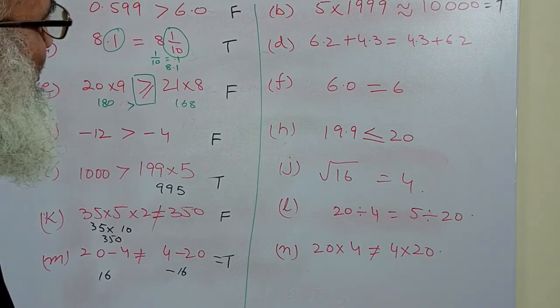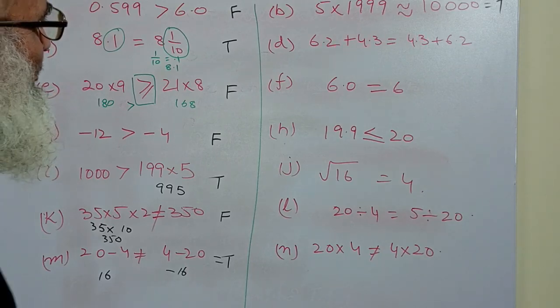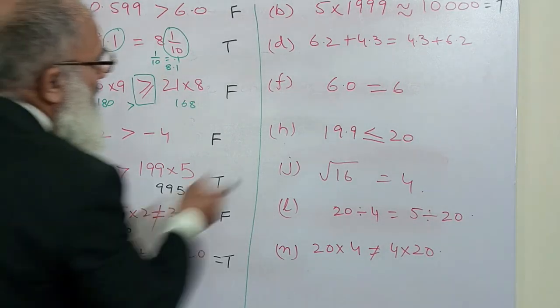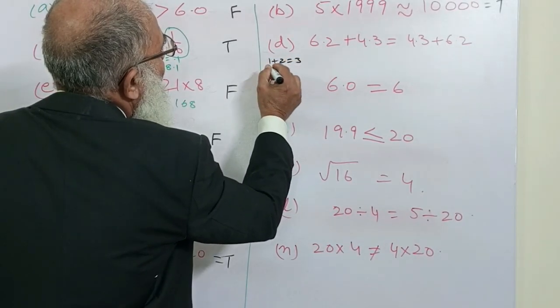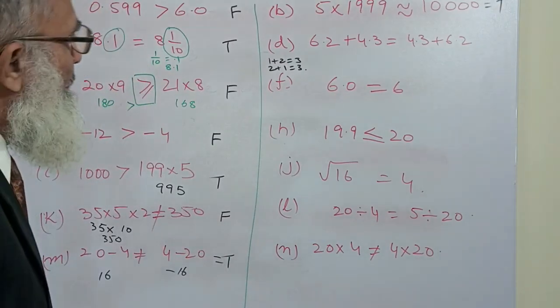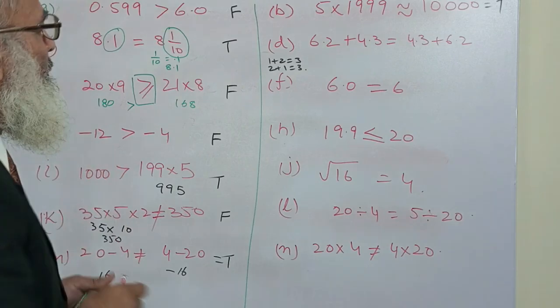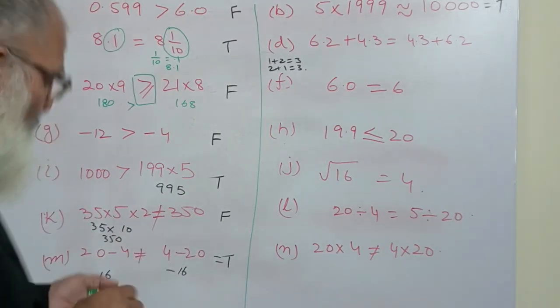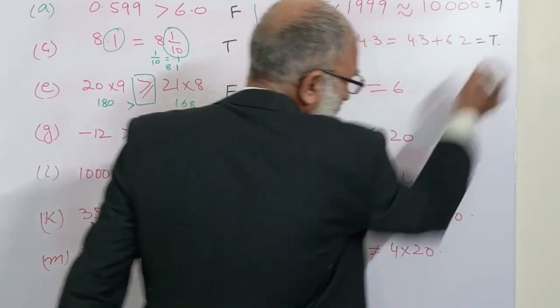Well, these are the additive inverse of each other. If I write here 1 plus 2 is equal to 3, then 2 plus 1 is also equal to 3. Therefore, it doesn't make any difference what comes first and what comes second. So this is true.